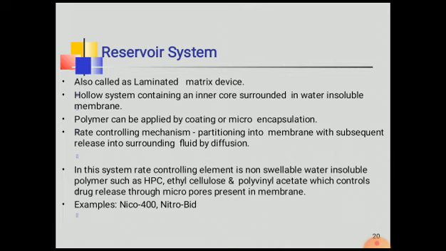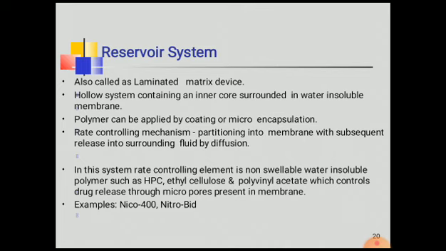In this system, the rate controlling element is a non-swellable water insoluble polymer such as HPC, ethyl cellulose and polyvinyl acetate, which controls drug release through micropores present in the membrane. This is the rate controlling element, with the help of which we can control the rate of drug release.